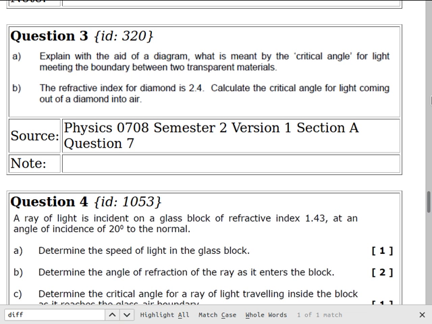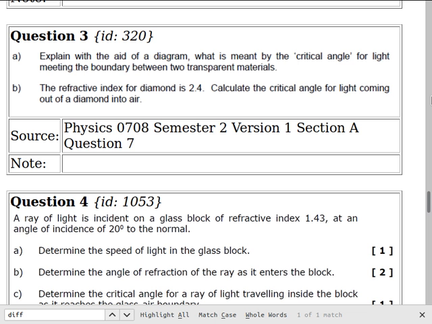So what would you think is the effect of having light remain inside the diamond? That's what I was going to ask you. What's the effect of that? Firstly, what's the critical angle you got there? 24.6. Now that's a low angle, relatively speaking, right?